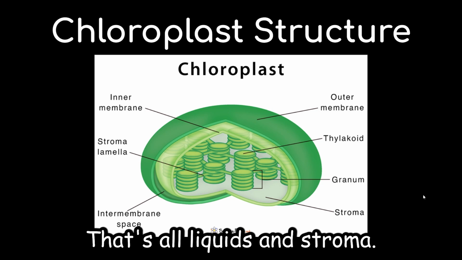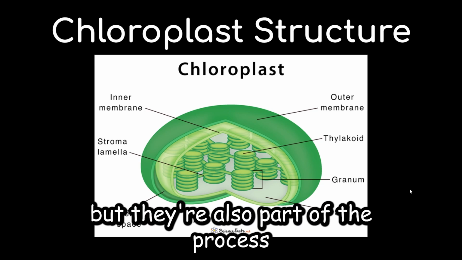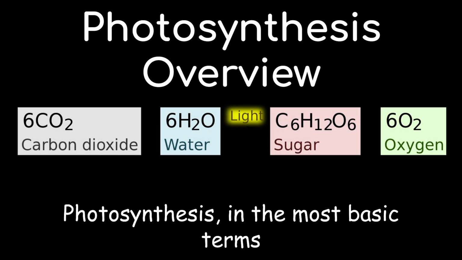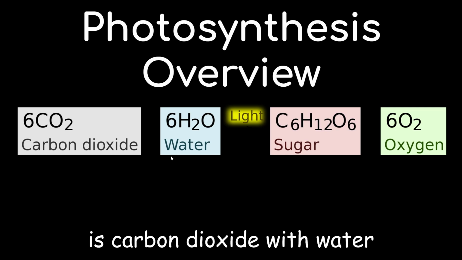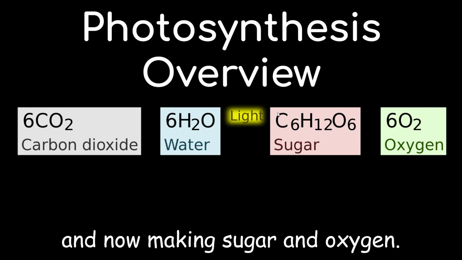The thylakoids and stroma, believe it or not, do not just absorb light, but are also part of the process called photosynthesis. Photosynthesis, in the most basic terms, is carbon dioxide combining with water, with light being the power of everything, and now making sugar and oxygen.